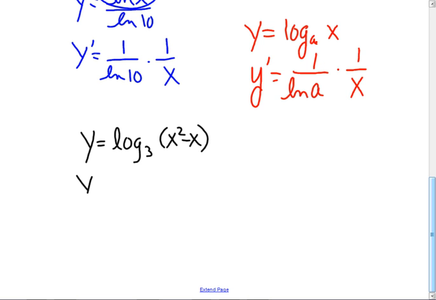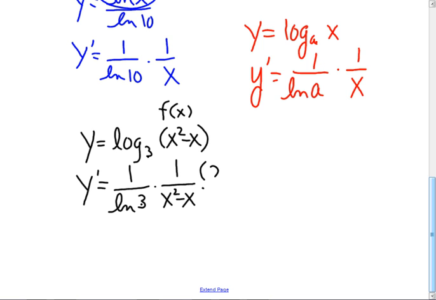So y prime, do the easy part first. It's 1 over the natural log of 3. If it was natural log, it's natural log of e, which is just what? Natural log of e is 1, times 1 over the x. What's x though? It's not x. This is f of x here. So it's 1 over x squared minus x, then chain rule times the derivative of the inside one, which is 2x minus 1. And we can look at some homework problems.